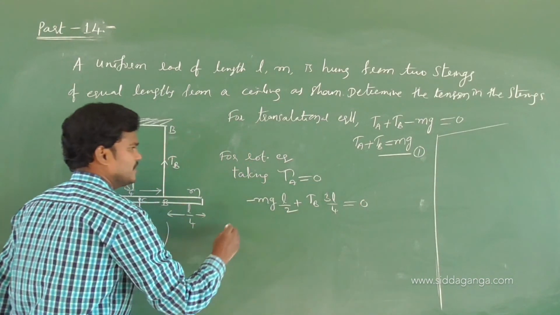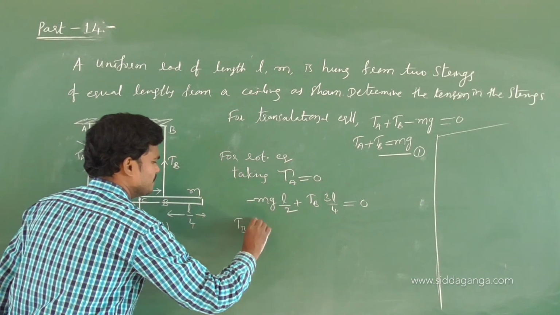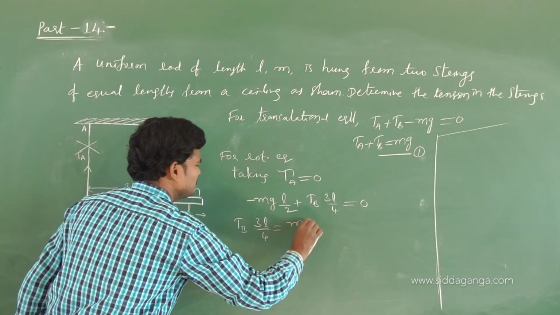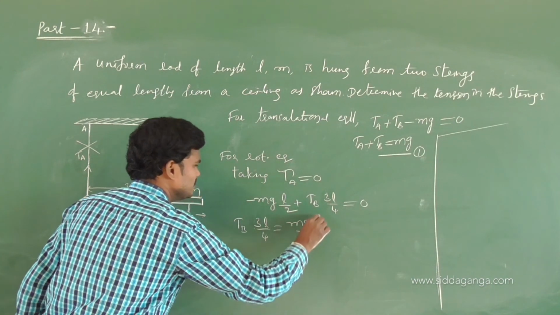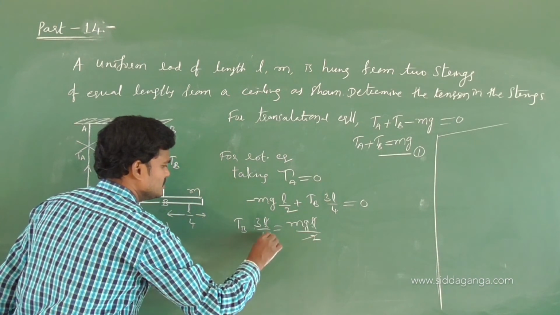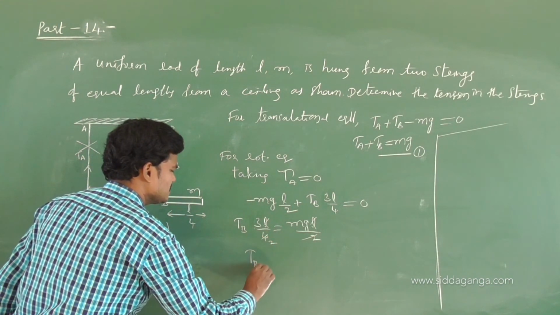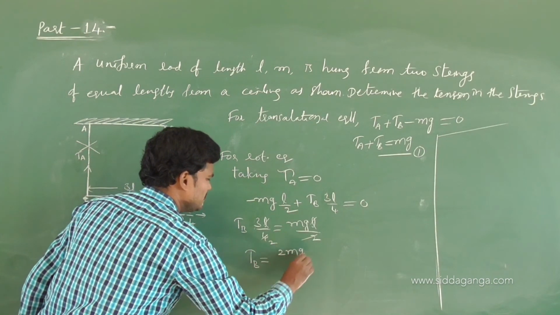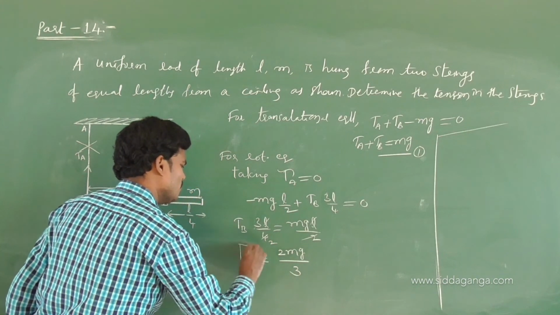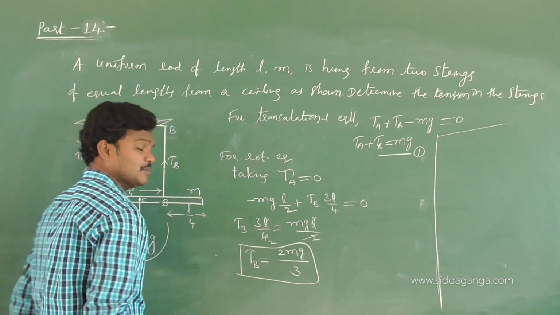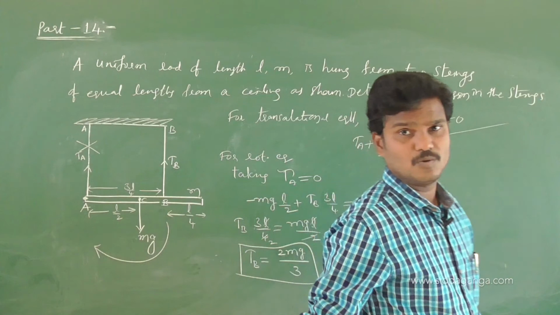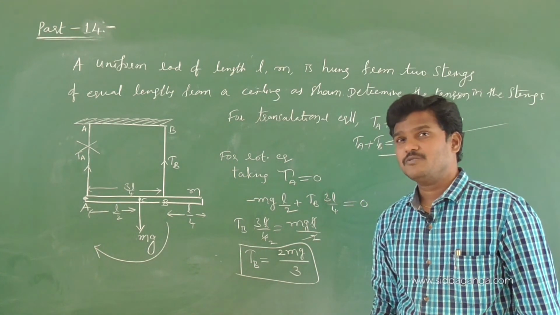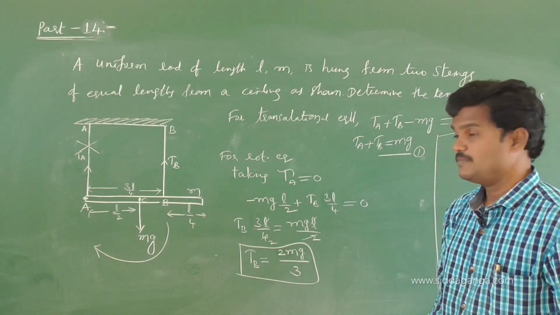Then TB into 3L by 4 is equal to mgL by 2. L gets cancelled. So the tension in string B is 2mg by 3. Of course the strings are identical, but because of the load attached, the tension is different.